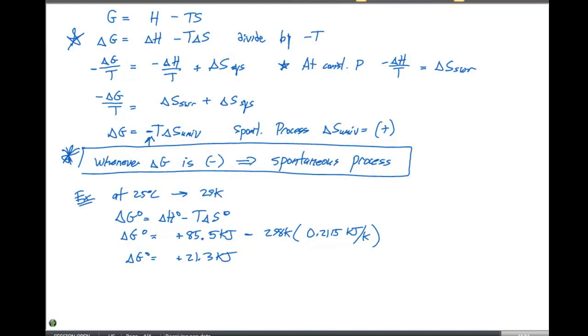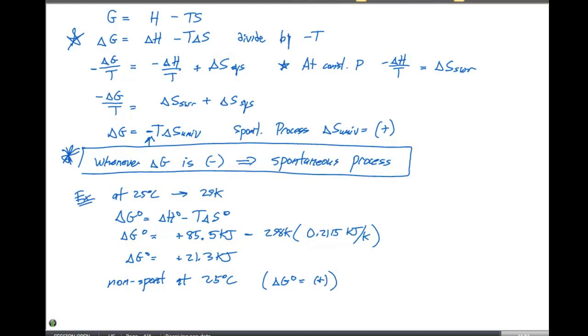So what we can say from this particular value is that this is non-spontaneous at 25 degrees Celsius. And the reason for that is that delta G naught is a positive value. Is there a particular instance where we could make this delta G naught negative? If we look at the math right here, we have a positive term for our delta H, and our delta S is also positive.